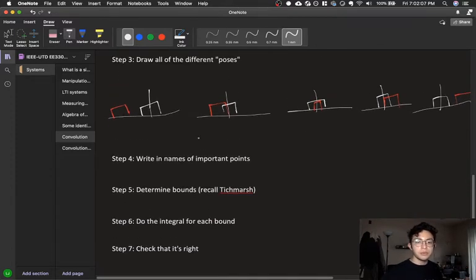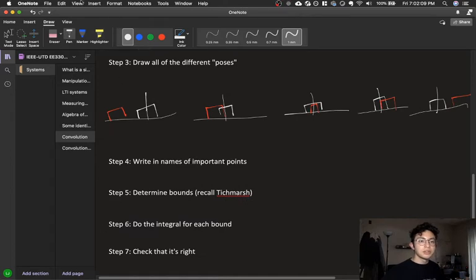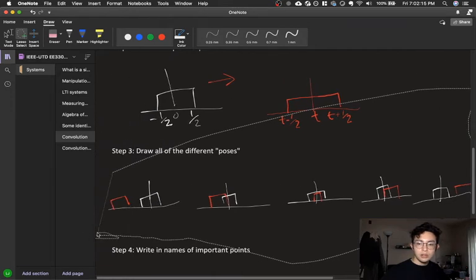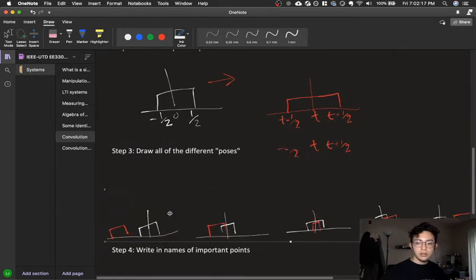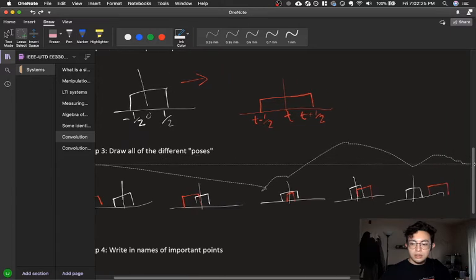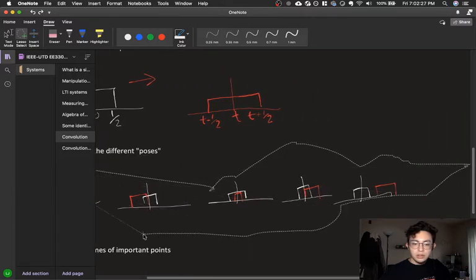So at this point, we've got our poses. I'm going to copy all of these. Oh no. Let's try that again. Okay, cool.